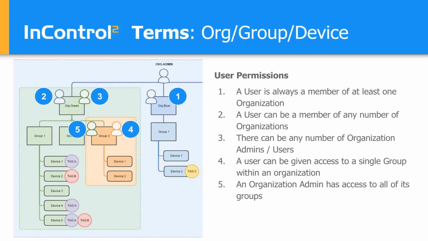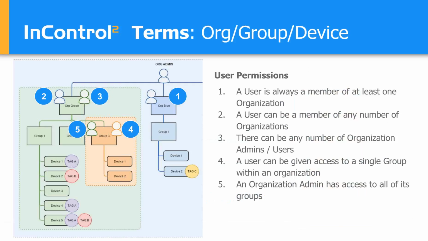Now, a particular user can be given access to just a particular group within an organization. This comes into play a lot if you are segmenting geographically, for example. Group A is in California. Group B is here in the Midwest in Minnesota. Group C is out on the East Coast.